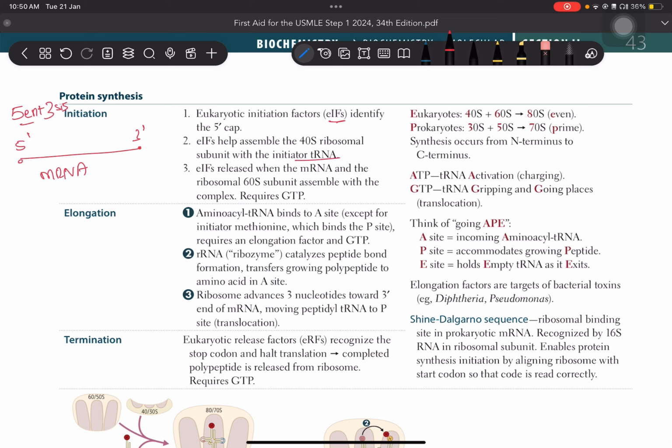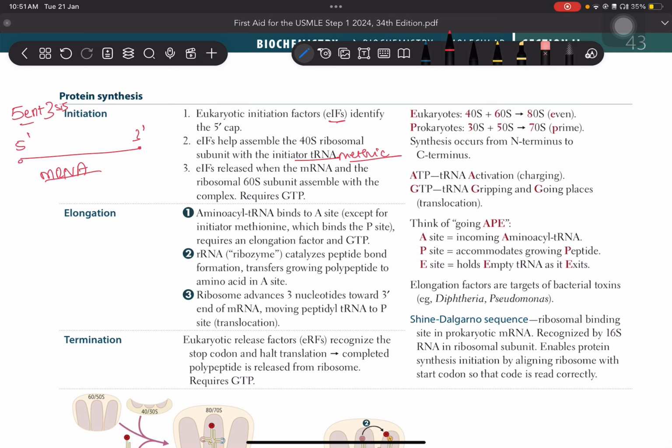What is initiator tRNA? Nothing but your methionine amino acid carrying tRNA. These eukaryotic initiation factors assemble before the entry of mRNA into the site of translation. You need all the setup to be set up.